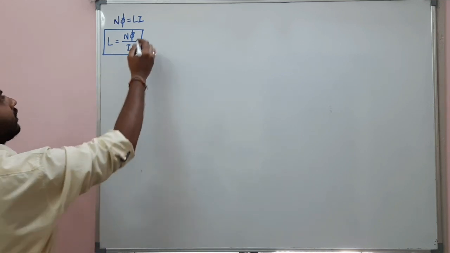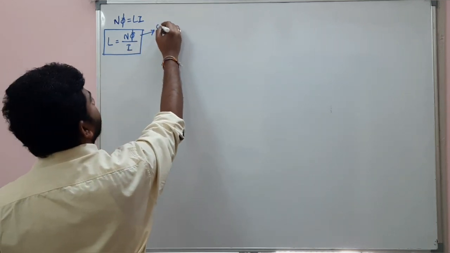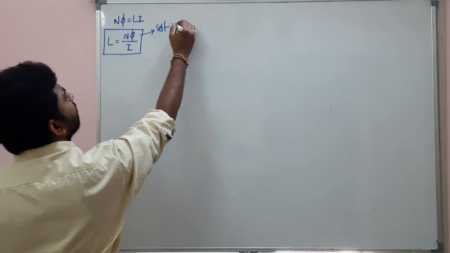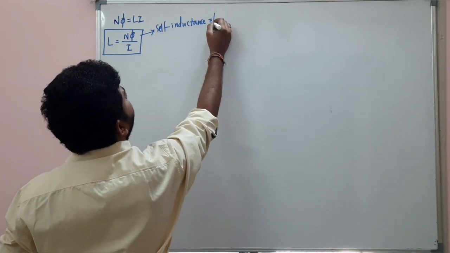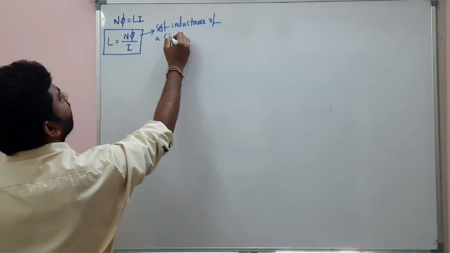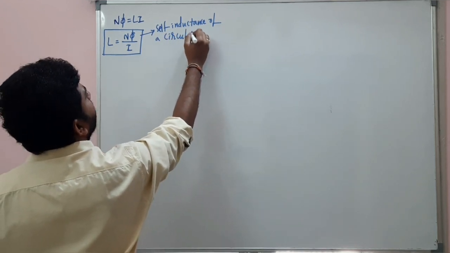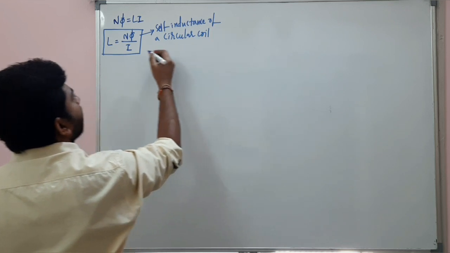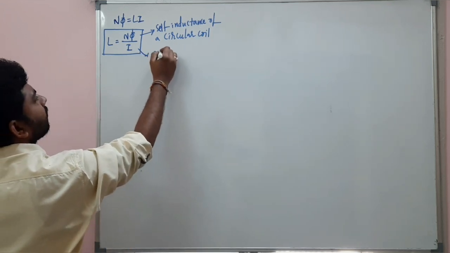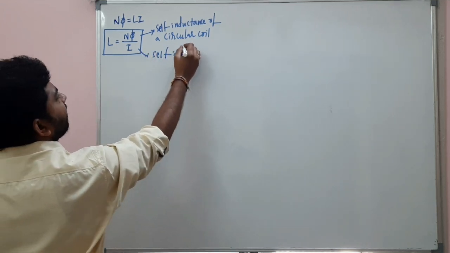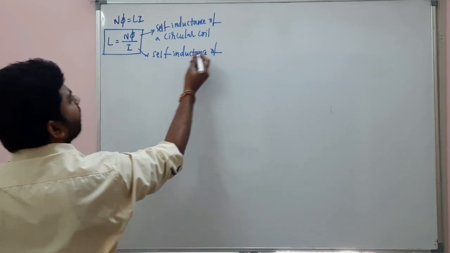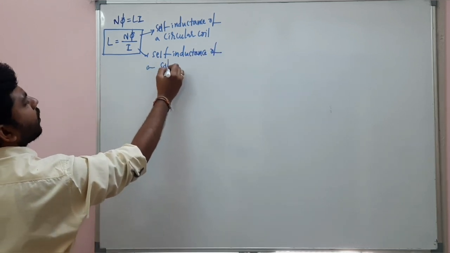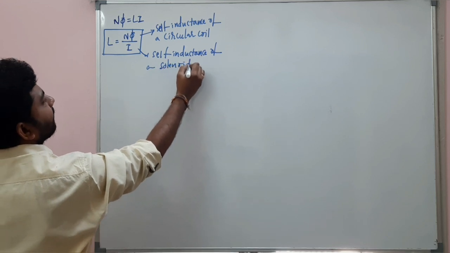This is a very important formula to find the self-inductance of a circular coil and the self-inductance of a long solenoid. Understand?